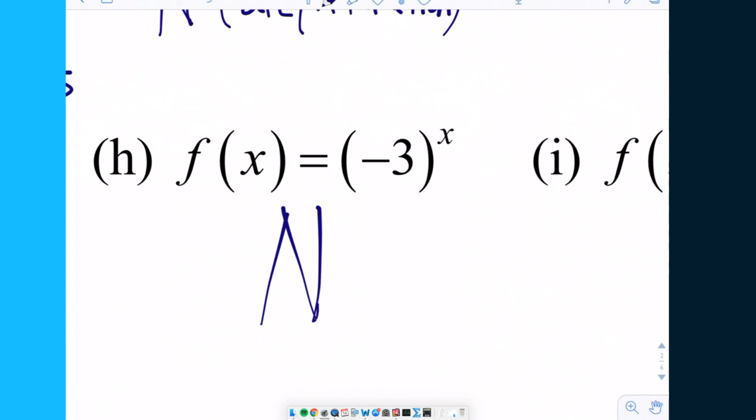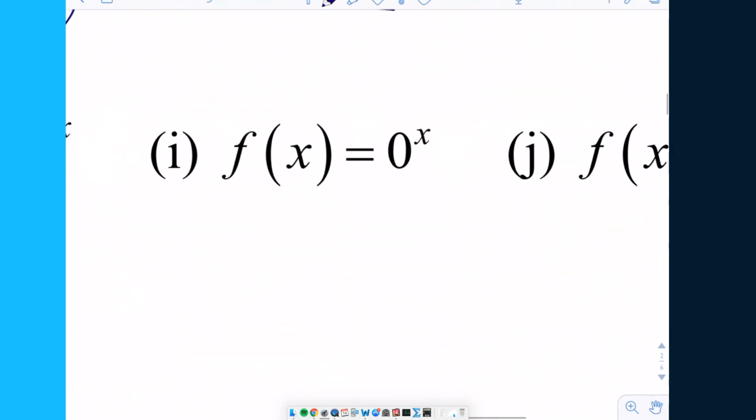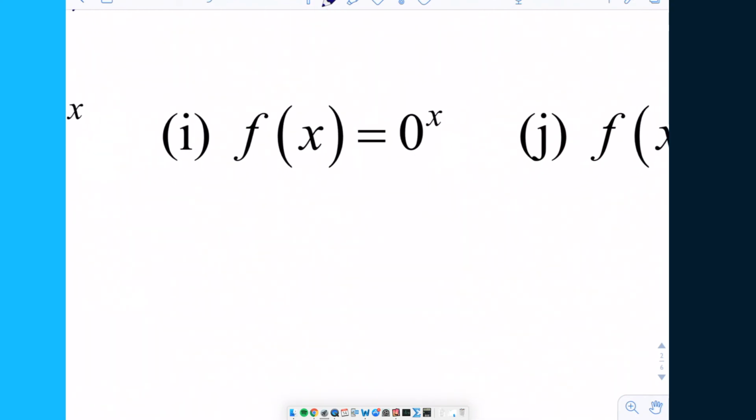It's going to oscillate back and forth. But when you raise it to real number powers, you'll break your calculator. It just jumps back and forth. It's not smooth at all. So don't do it unless you're in a safe place and you've got your safety goggles on. Your calculator will break. All right, so that's no. How about this one, 0 to the x power?